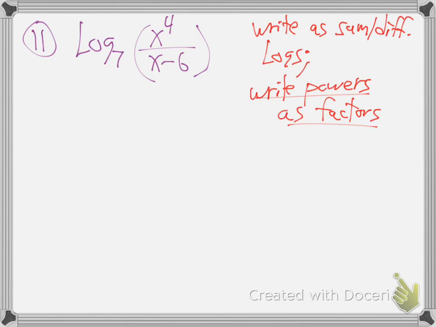What do factors mean? Things multiplied. That's a word for factors: things multiplied. So they basically want me to break this into several logs, sums and differences, added, subtracted, and no powers in the arguments. So can you do that one? Can you use those properties? Give that a try.